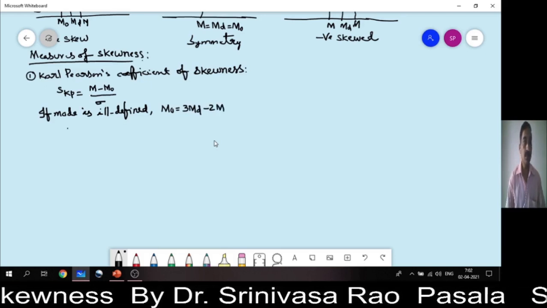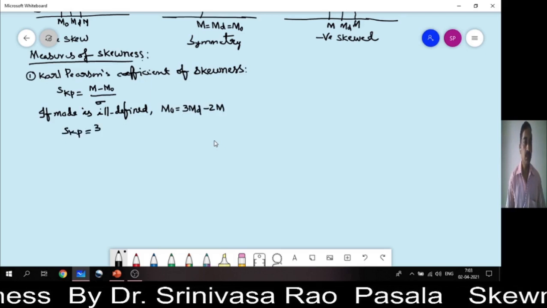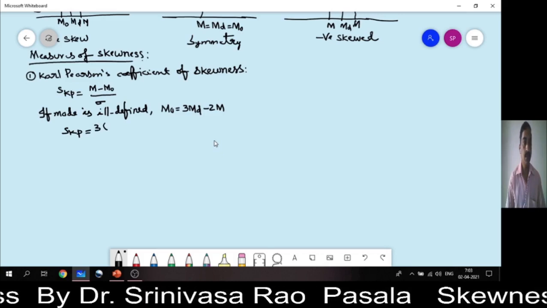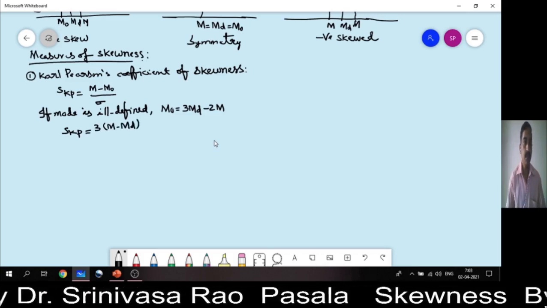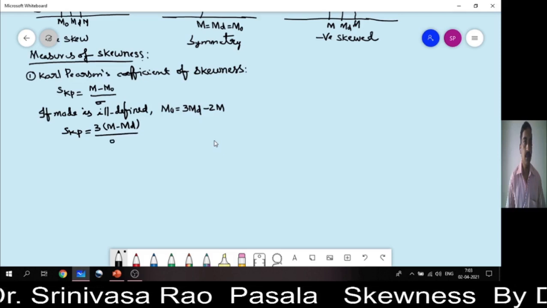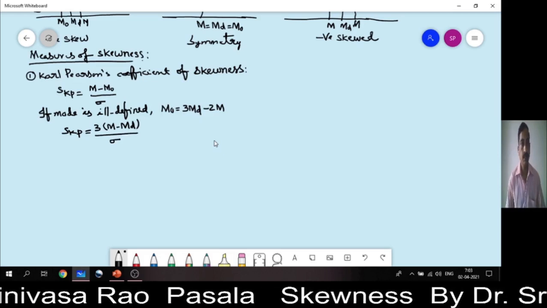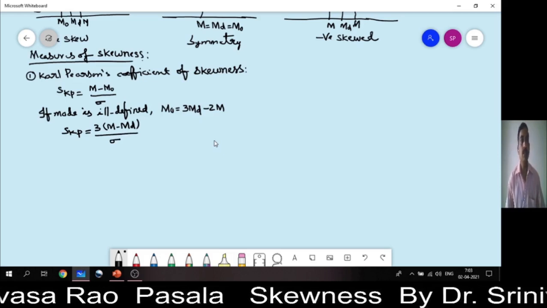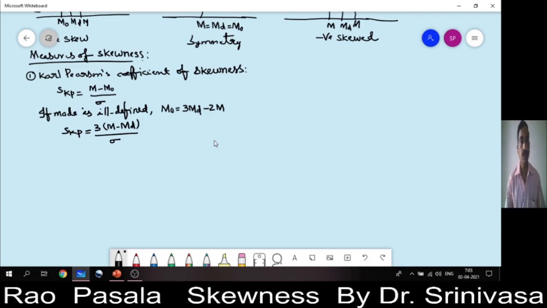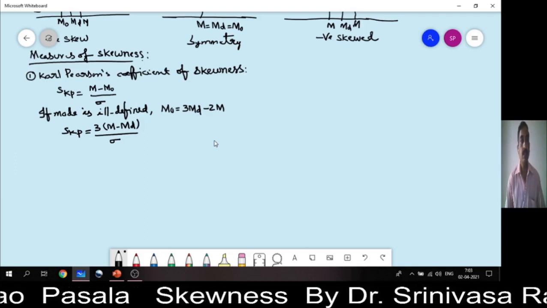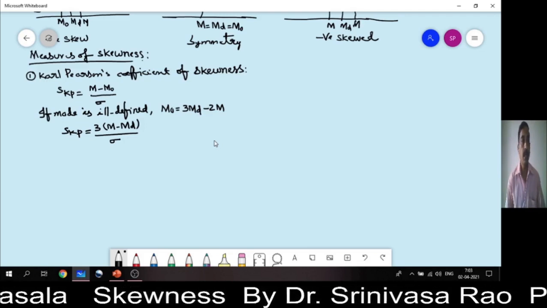If you substitute it, the above formula becomes 3 times mean minus median divided by sigma. This is Karl Pearson's coefficient of skewness. If you observe this coefficient, it depends only on the mean, median, and standard deviation.